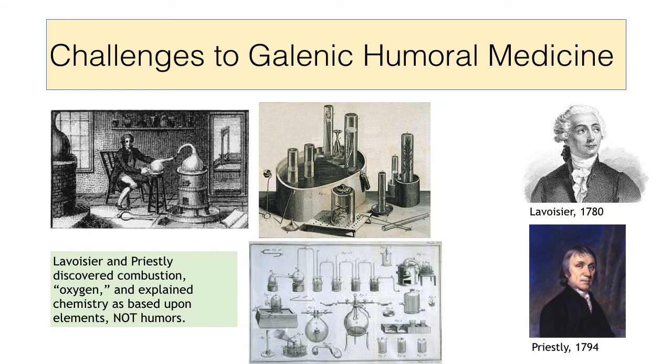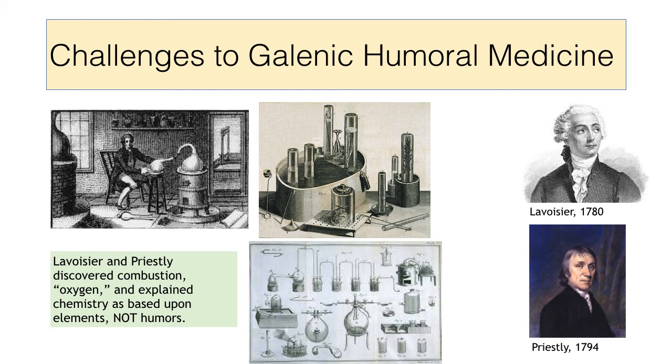The final big challenge to Galenic humoral medicine were the discoveries of the chemical revolution in the 1700s. During this time period, men like Joseph Priestley and Antoine Lavoisier made important discoveries that explained combustion, isolated oxygen, and laid out a whole new way to view and name their chemical discoveries.